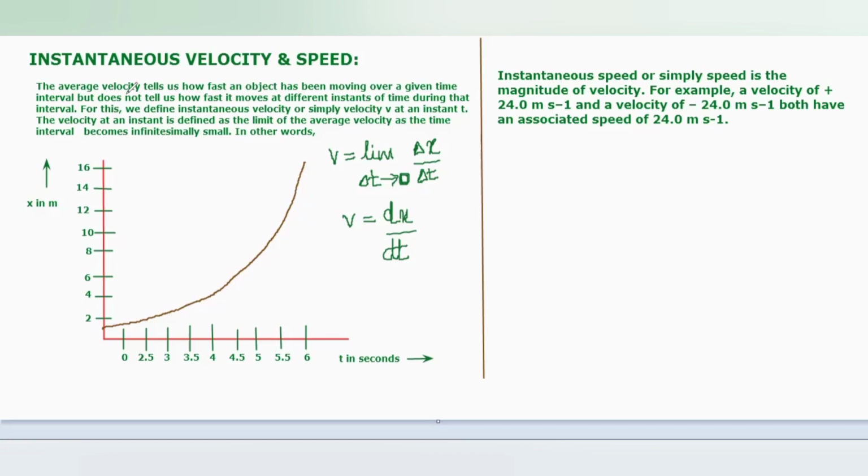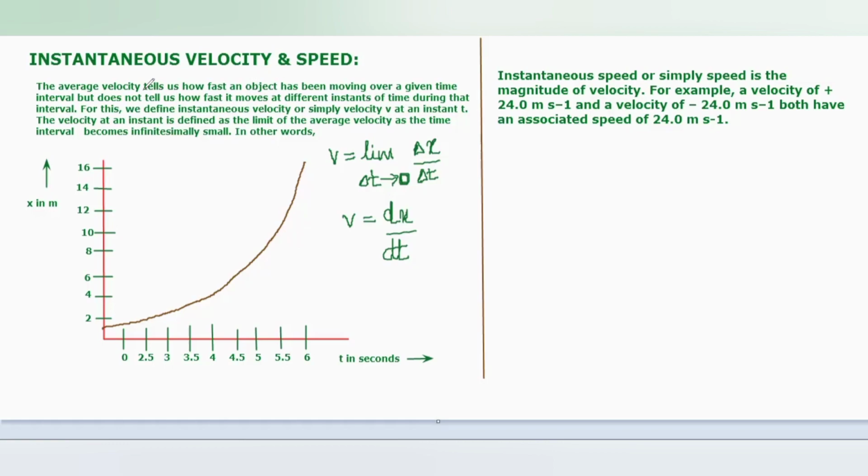That is 24.44 meters per second. But in this 18 seconds, at t equal to 5 seconds or t equal to 6 seconds, that means at a particular instant of time, how fast the object is moving, from the average velocity we didn't get it. Do you understand?